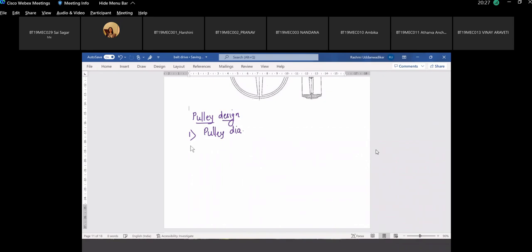From here we'll start. We'll need the design torque, for which we'll need the power this is transmitting and at what RPM. So we'll get the value of design torque.